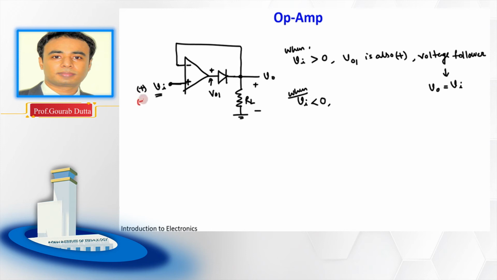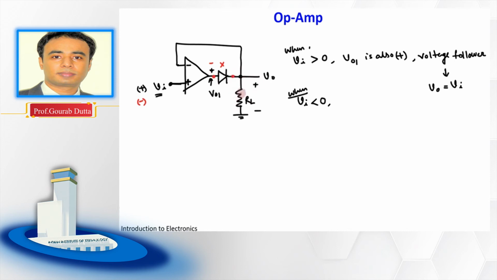Yes, if this is now negative, maybe I will use some other color. This is the non-inverting terminal, so this will also be negative. If this is negative, this diode is off, meaning open circuit. Between these two points nothing is there, it is open. The circuit is broken. You can think of this closed loop as also broken, and the output of the op amp is not connected with this RL now.